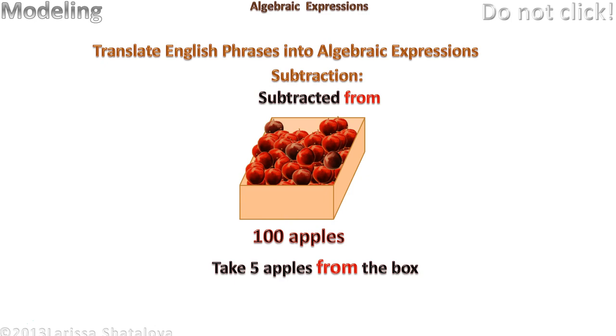But look what we did. In arithmetic, it would be 100 minus 5. What we did, we subtracted from. So, subtracted from: 5 is becoming the second number, and 100 apples is the first.